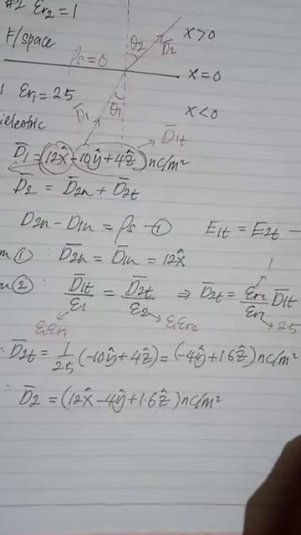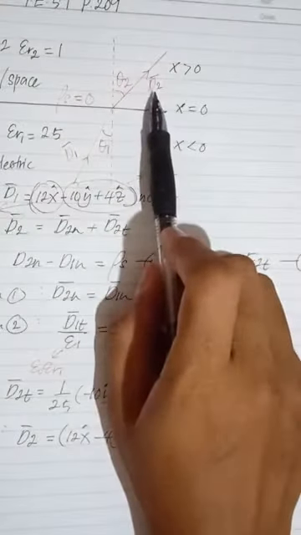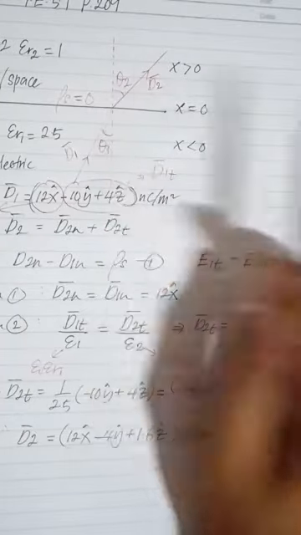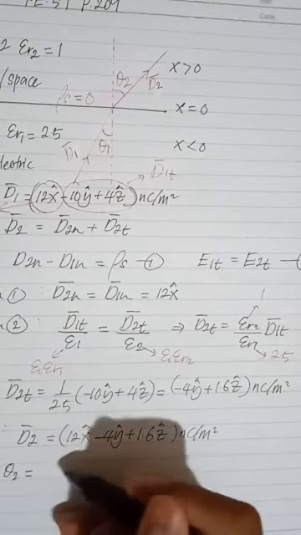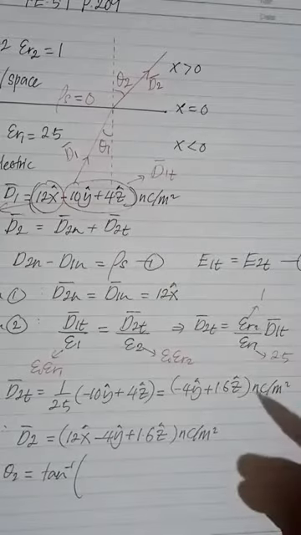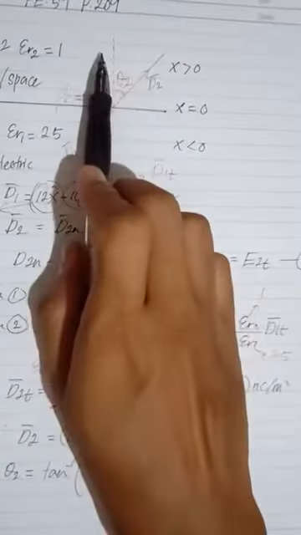So now we are going to find theta 2, the angle measured from the D2 vector line with respect to the normal line over here. So theta 2 can be simply obtained using this approach, arctangent, which is this line over this line.